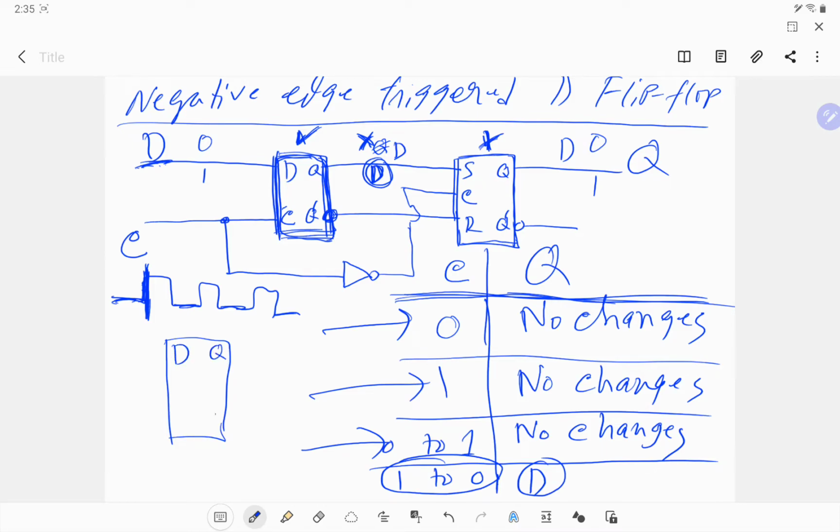We have Q, we have Q prime, and that is the clock pulse. This is a negative edge triggered flip-flop, and it is denoted by that symbol because it gets triggered when the clock pulse goes from 1 to 0.